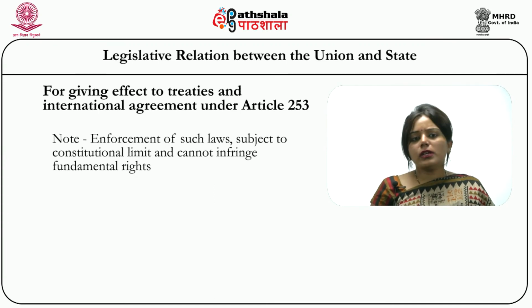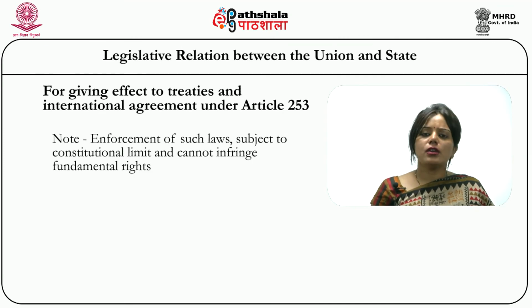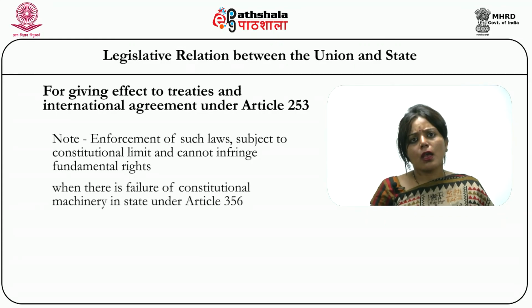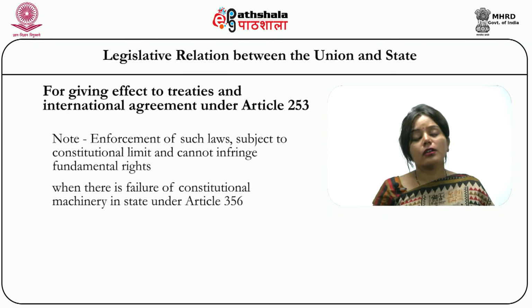The last one is the situation where Parliament can legislate for the state, very well known to every citizen of India. That situation is when there is failure of constitutional machinery in a state, given under Article 356.